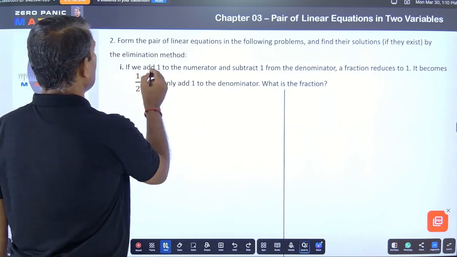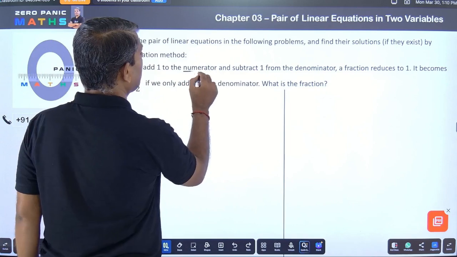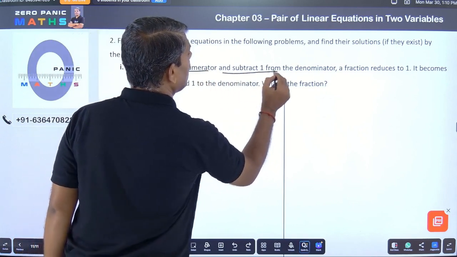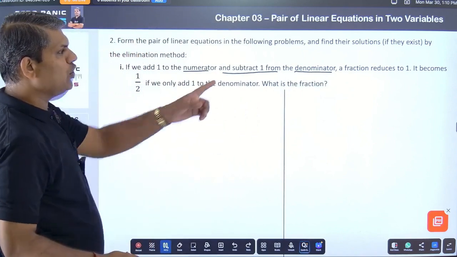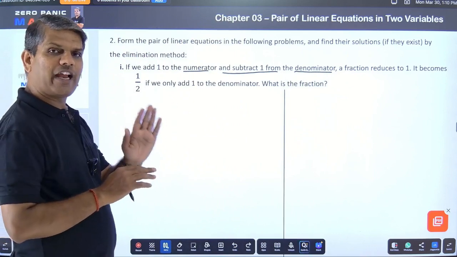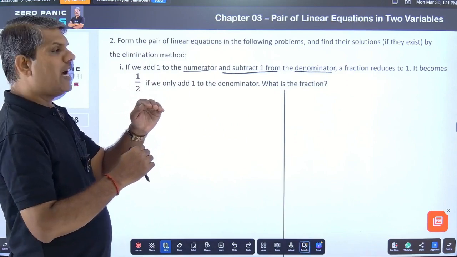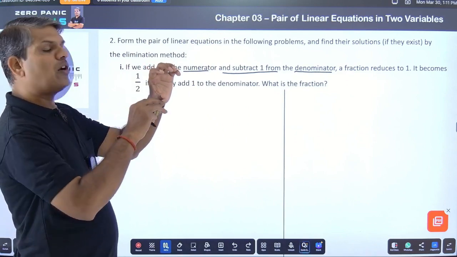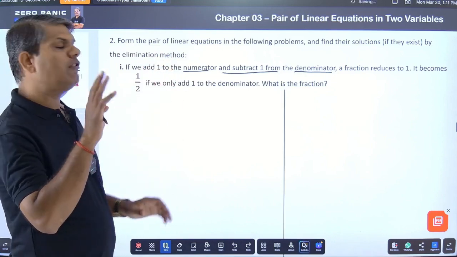Now what they are saying is, if we add 1 to the numerator and subtract 1 from the denominator, a fraction reduces to 1. There is a fraction number. Let us assume that as x by y. Assuming x as the numerator and y as the denominator, we have x by y as the fraction.